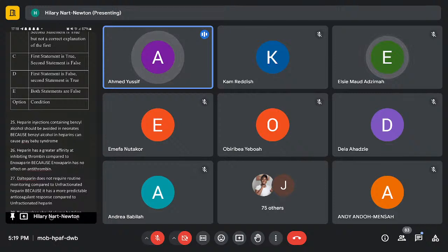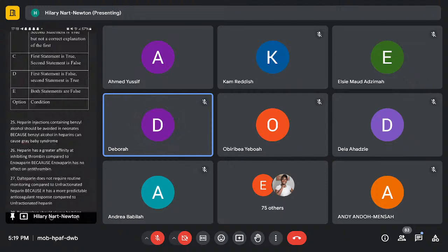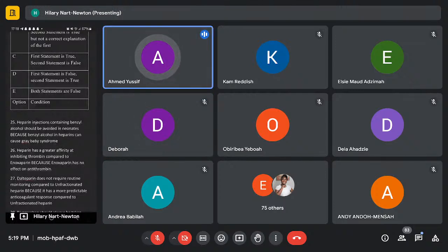Heparin has a greater affinity at inhibiting thrombin compared to enoxaparin. Is it a true or false statement? True. So that's a true statement.